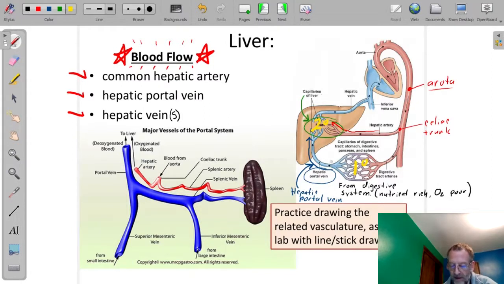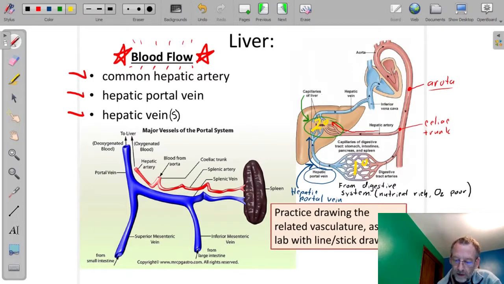Normally there's one bed of capillaries. You have an artery supplying it and a vein draining it. And then it goes back to the right side of the heart to get reoxygenated. But in a portal system, a portal vein connects two capillary beds together. First one in the intestines, digestive system. Second capillary bed is in the liver.